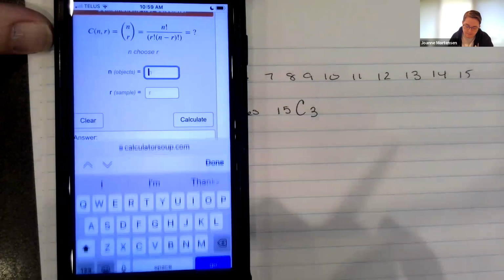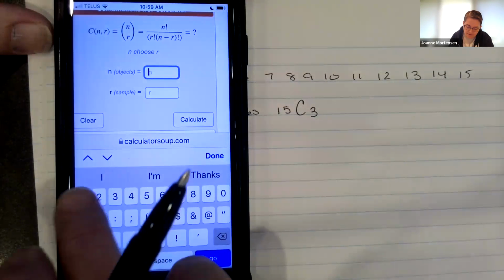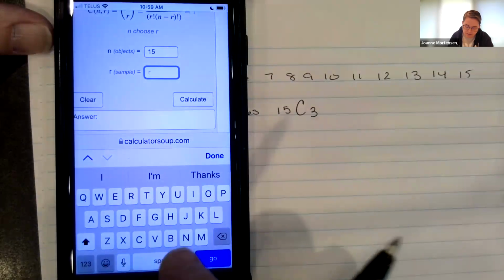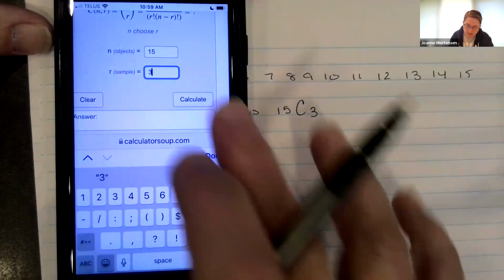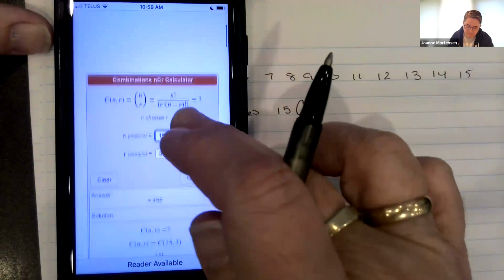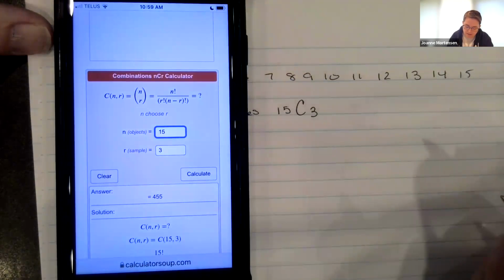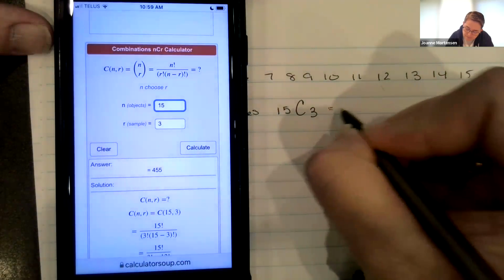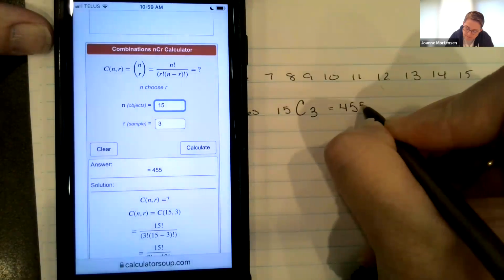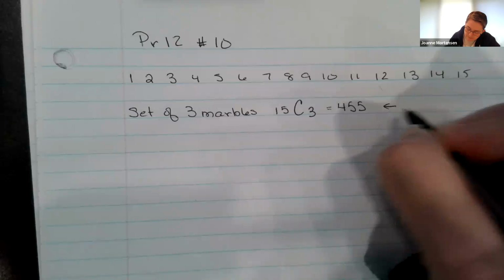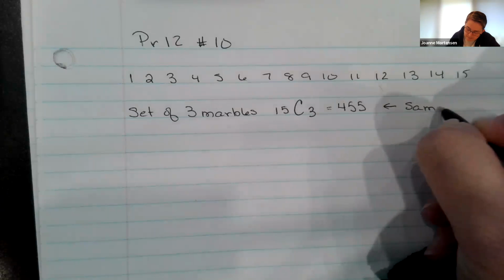So there's 15 marbles, and I'm going to choose 3, and I'm going to hit calculate. And there's a formula. It's 455. So that is our sample space.